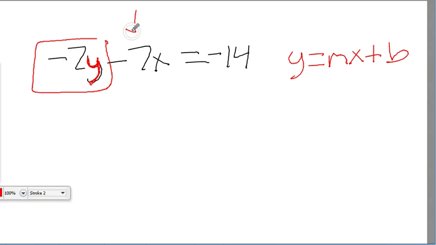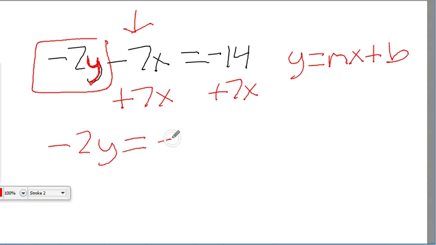Our first step in getting this y by itself is to get rid of the minus 7x. So we're going to add 7x to both sides. That's going to give us negative 2 times y equals negative 14 plus 7x.